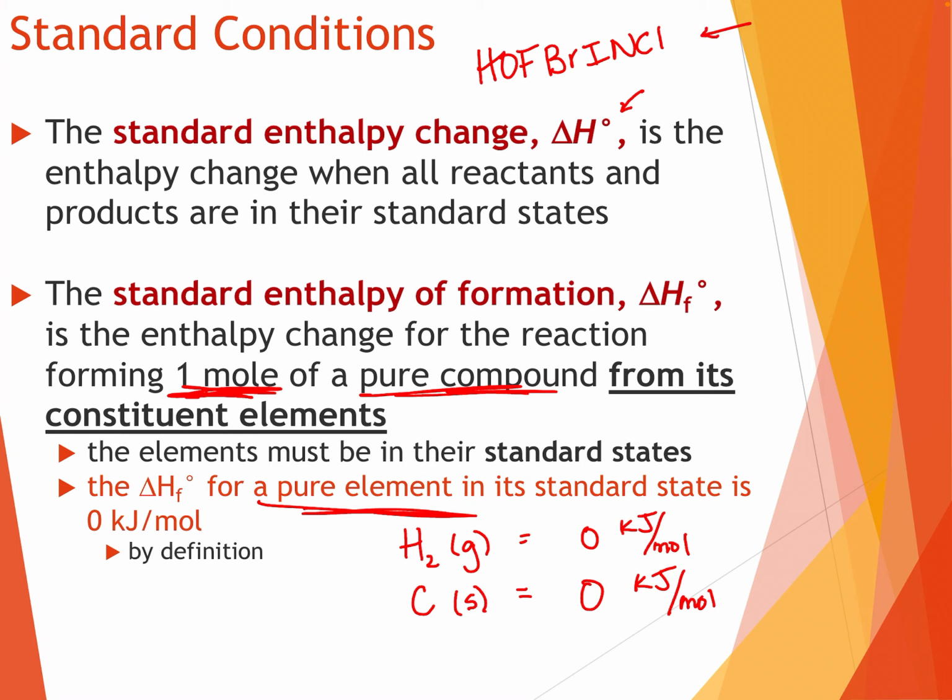These guys will exist as diatomics in their pure element standard state form. So we can calculate our delta H of formation for compounds, but if we are ever asked for the delta H of formation for a pure element in its standard state, that's going to be 0.